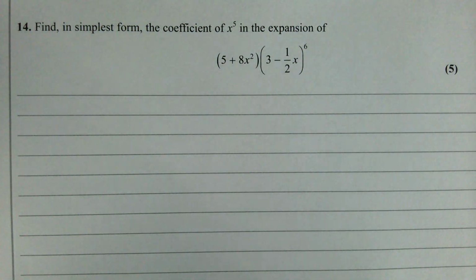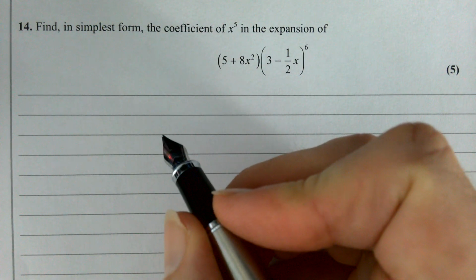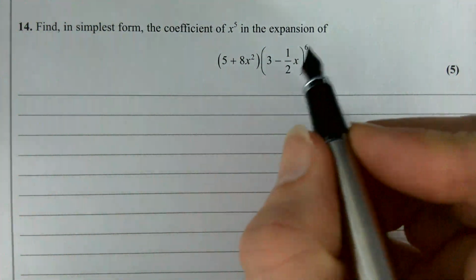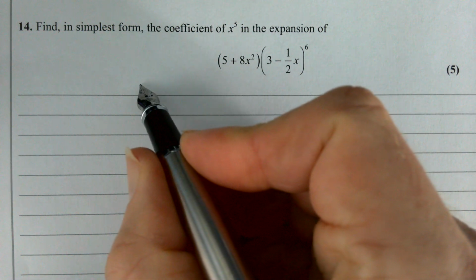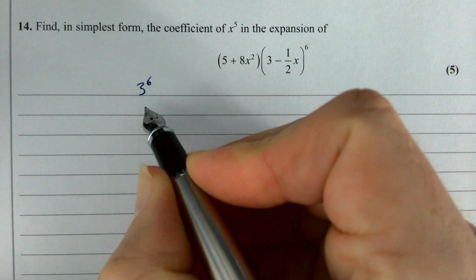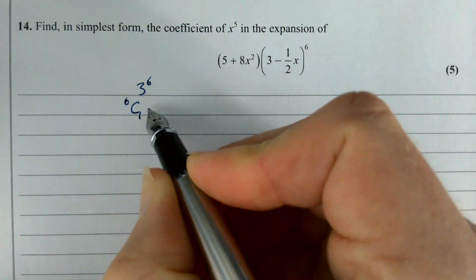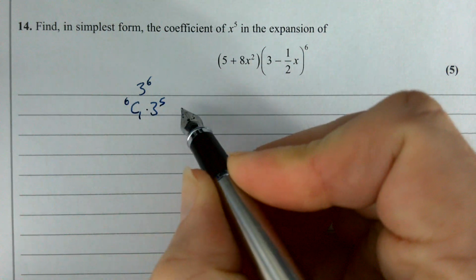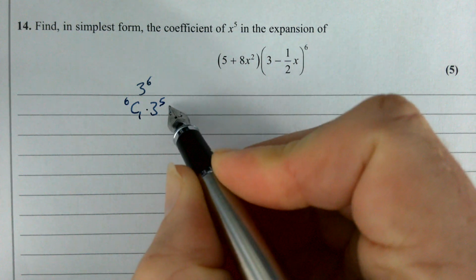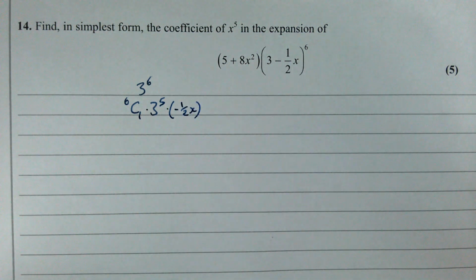So I start considering it and just think, right, what would I do in terms of expanding this? I'll go through a bit more than I would do normally. So it would be 3 to the power 6. We don't want that. Then it would be 6 choose 1 times 3 to the power 5 times negative a half x. We don't want that.